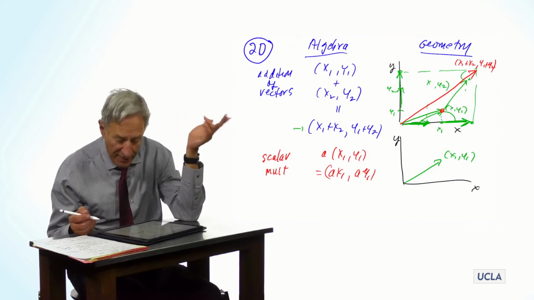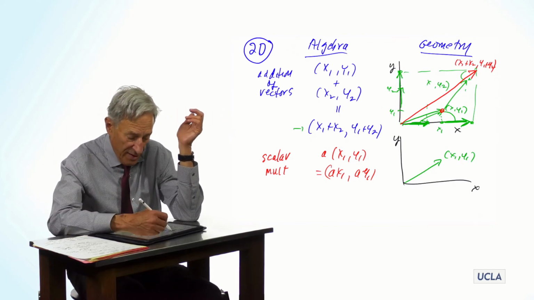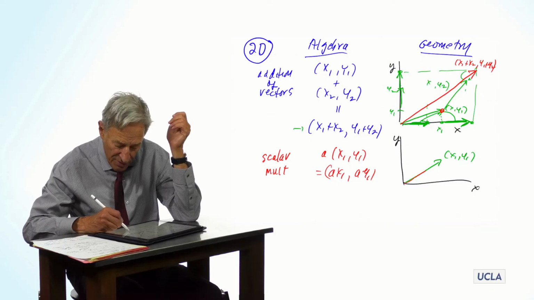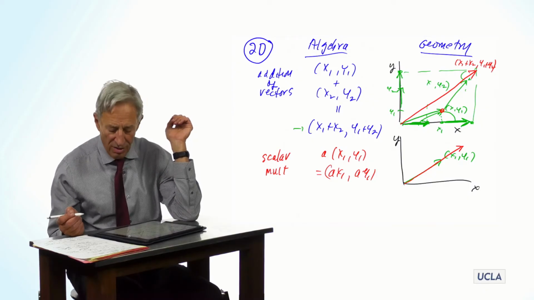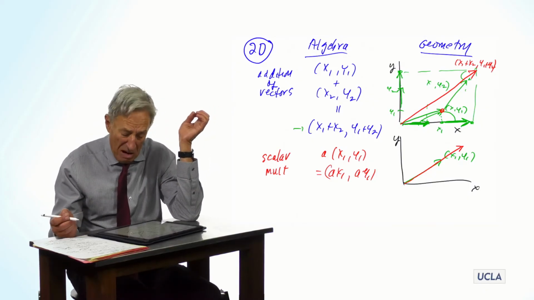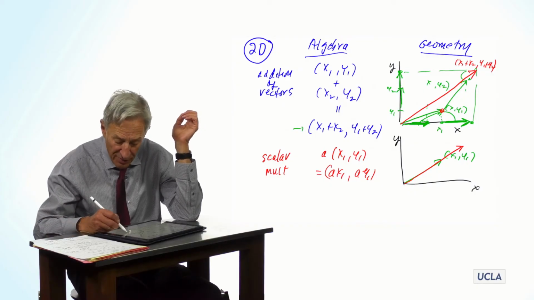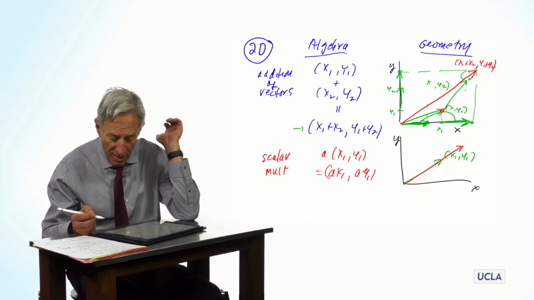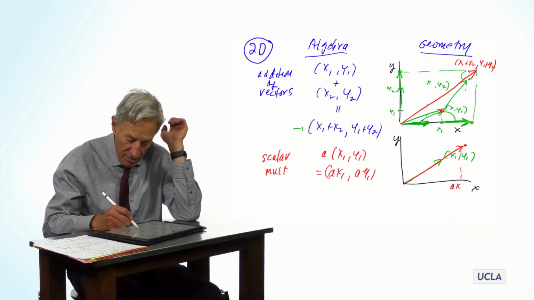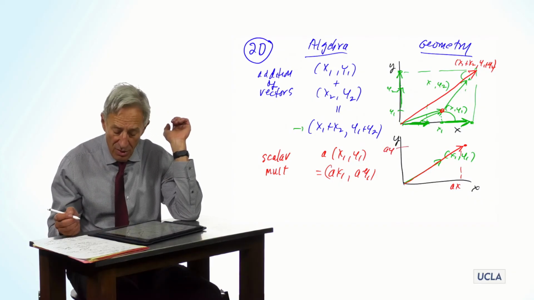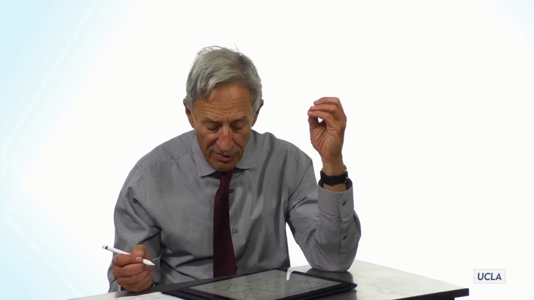If a is greater than 1, then a times x1 is going to be longer by a factor of a. So here a is about 1.5 because this is about 150% the length of the original. And this value is, of course, ax, ay. So multiplying a vector by a scalar is just stretching it out in the same direction by an amount equal to the value of the scalar.